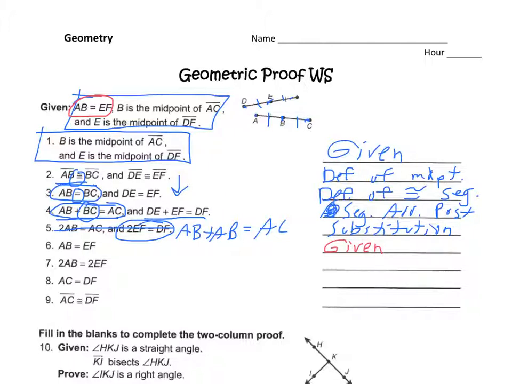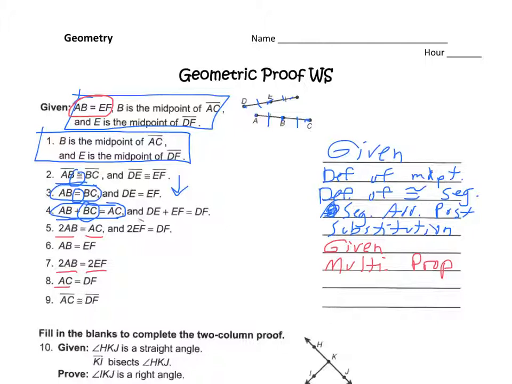Now, what did I do to AB and EF? I multiplied by 2, which means I used the multiplication property. And it's going to end up with this right here. 2AB is equal to AC, so we substituted 2AB with AC.